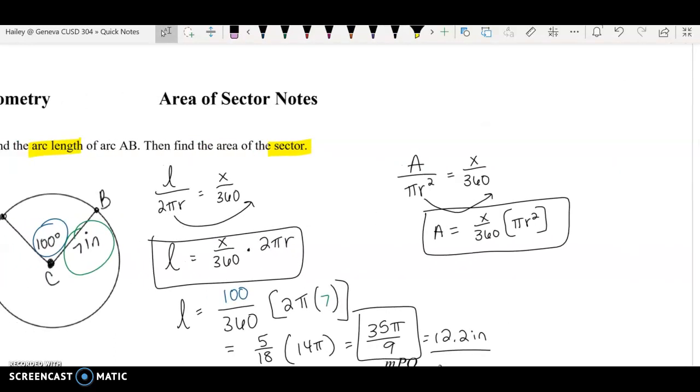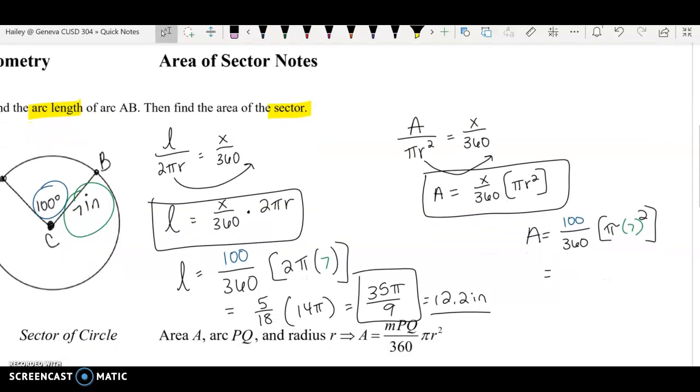So using the same one, we're going to say area equals x, again, is 100 over 360. But now it's times pi times your radius, which is 7 squared. So the same thing's going to end up happening while you reduce this. You get 5 over 18.